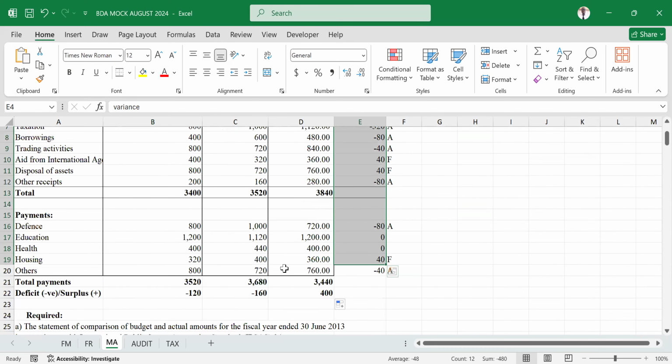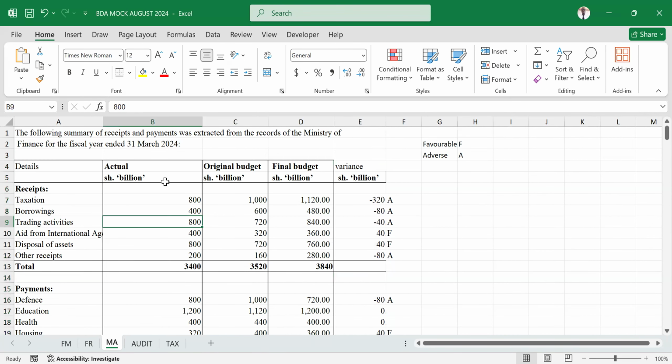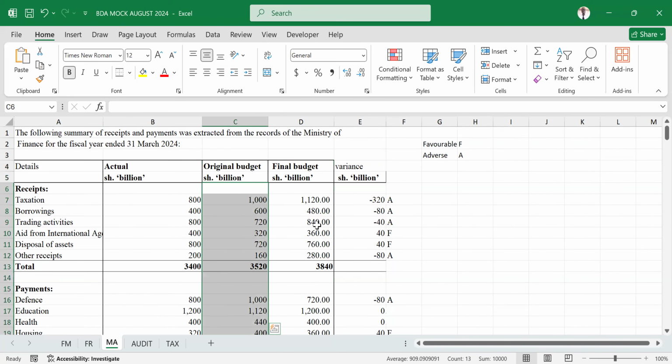We are now doing the total summary of looking at whether we are running on a deficit or a surplus. And now we are looking at the actual on its own, the original on its own, and the final on its own. So how do we come up with a summary for presentation purposes?